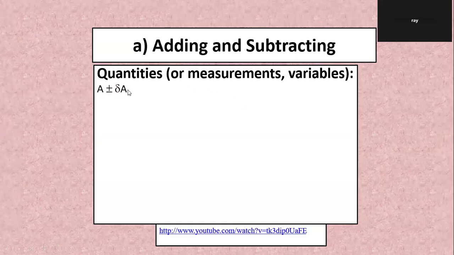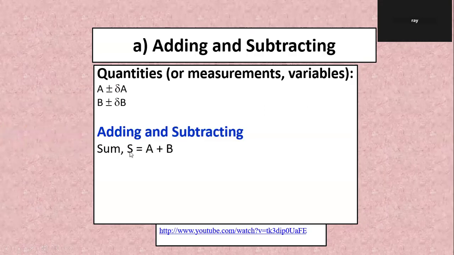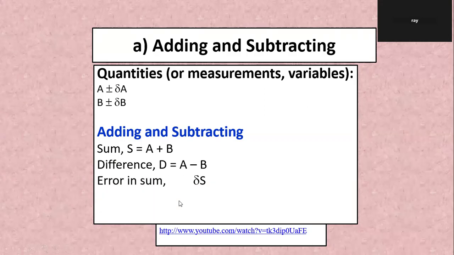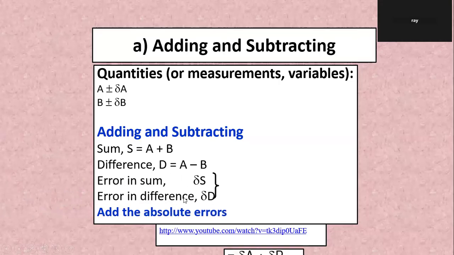A plus minus delta A, uncertainty of delta A. B plus minus delta B. Adding or subtracting, for example, A plus B equals S. Difference, A minus B equals D. So delta S or delta D, we add the absolute error. That means we add delta A plus delta B. We never subtract. Memorize, right? Memorize. Okay.